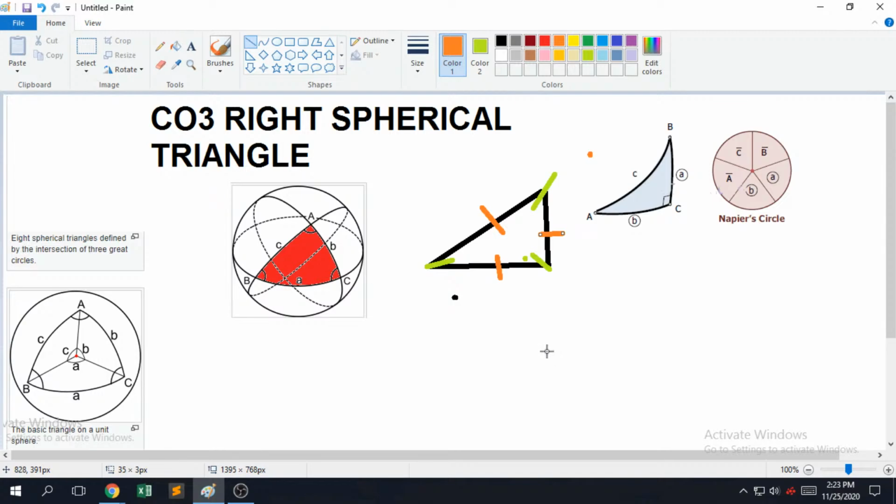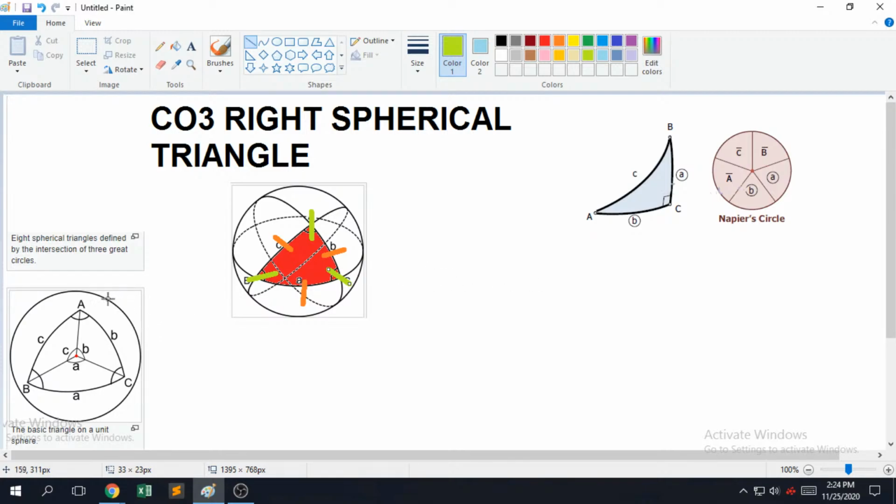So in a plane triangle, you have three internal angles and three lengths of sides. For a spherical triangle, you have the same three lengths of sides, and you also have three internal angles. So you have a maximum of 6 parts: 3 sides and 3 internal angles.